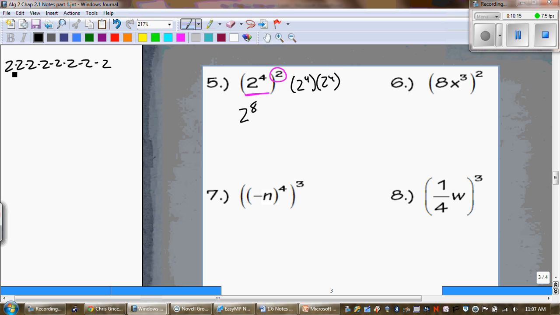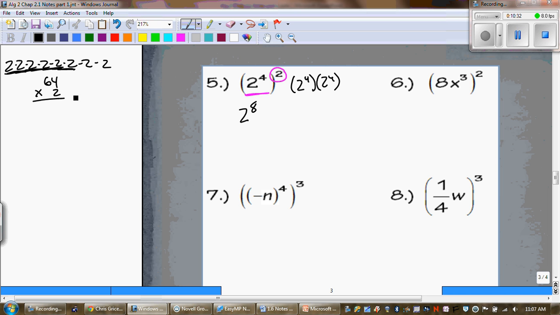Now, 2 times 2 is 4, 4 times 2 is 8, 8 times 2 is 16, 16 times 2 is 32, 32 times 2 is 64.